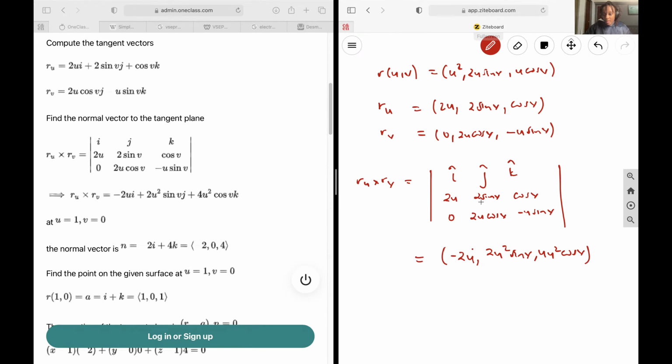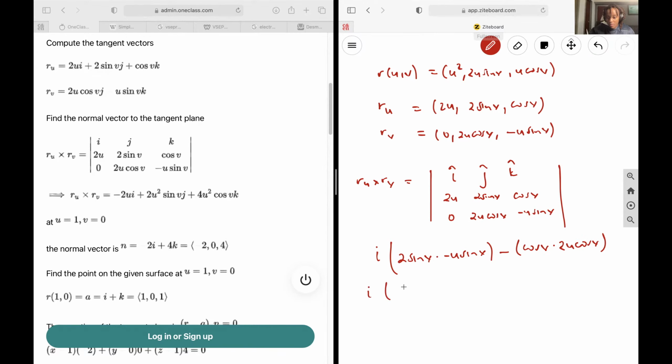Because in the i, you're going to have 2 sine v multiplied by negative u sine v. Let's just write it out so you can understand what's actually happening. So in i, you're going to have 2 sine v by negative u sine v minus cos v by 2u cos v.